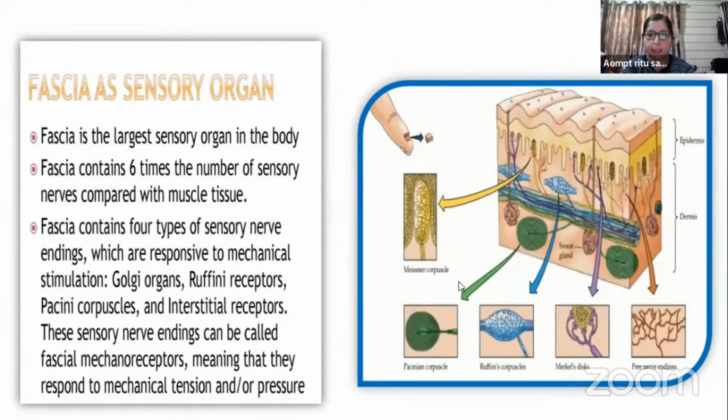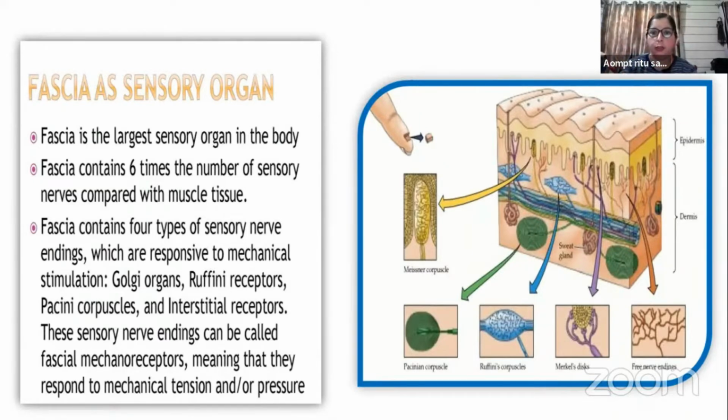In this picture, you can see the Golgi organs, Ruffini receptor, Pacini corpuscles, and the interstitial receptors. These sensory nerve endings can be called the fascia mechanoreceptors. They get the sensation first, meaning that they respond to mechanical tension or pressure.